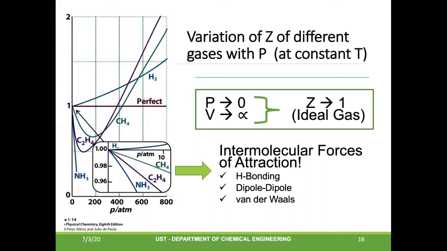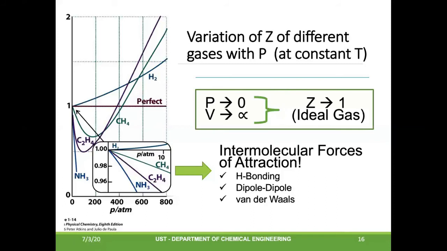So comparing CH4 with C2H4, this is a greater molecule compared with CH4. And in NH3, hydrogen bonding is strong. You have a greater dip and strong intermolecular forces of attraction compared with H2, where repulsive forces are dominant.